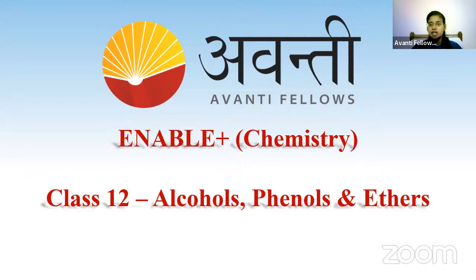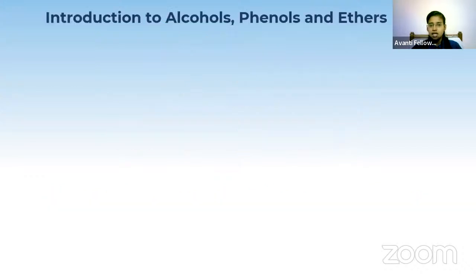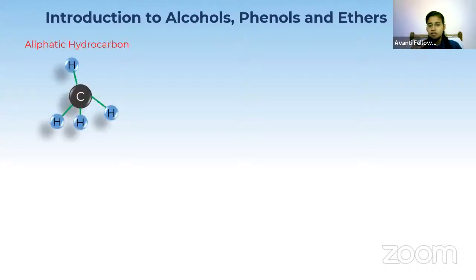Today we are first going to concentrate on the introduction to alcohols, phenols, and ethers. So what is an alcohol? I have taken an aliphatic hydrocarbon here, and this compound is called methane.